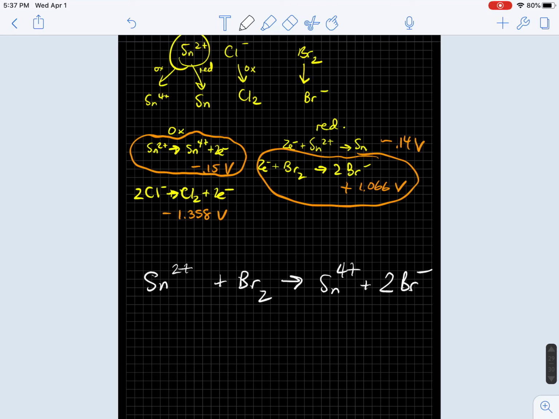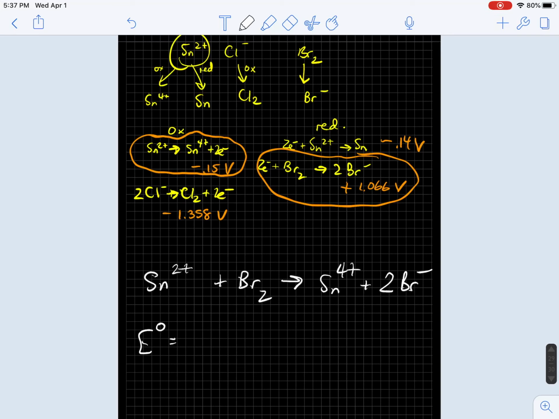Now I got rid of chloride because chloride is not oxidizing, chloride's not reducing. That makes chloride a spectator in this case, so it's out. And as far as redox reaction balancing, we just look to see if the atoms are balanced. They are. And then the charges, we have a positive 2 charge on both sides, so we don't have to do that whole AEIOU thing.